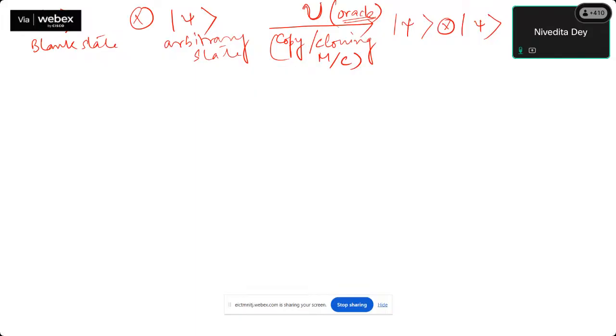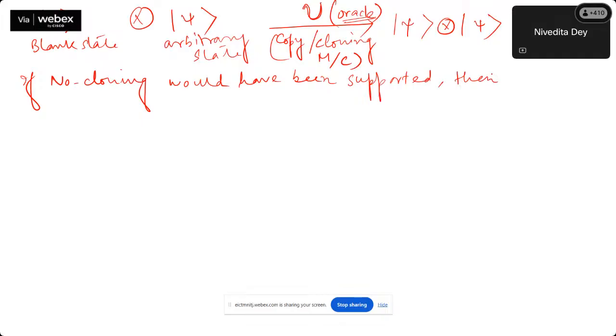So if cloning would have been supported, then U acting on ket 0 psi would be able to map it to psi psi. Say this is equation number 1.